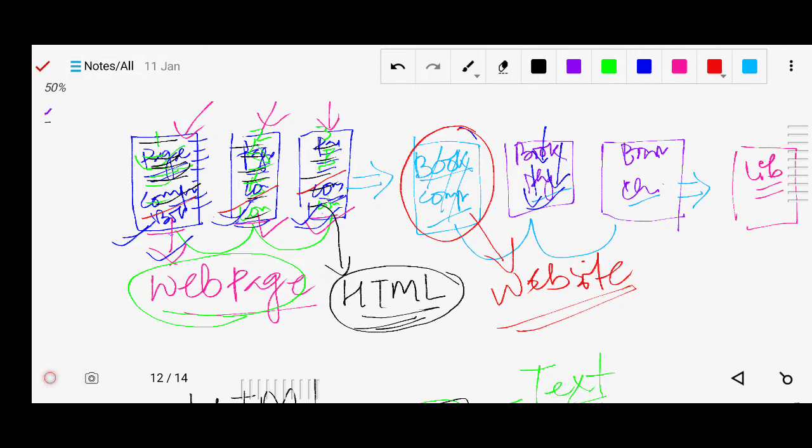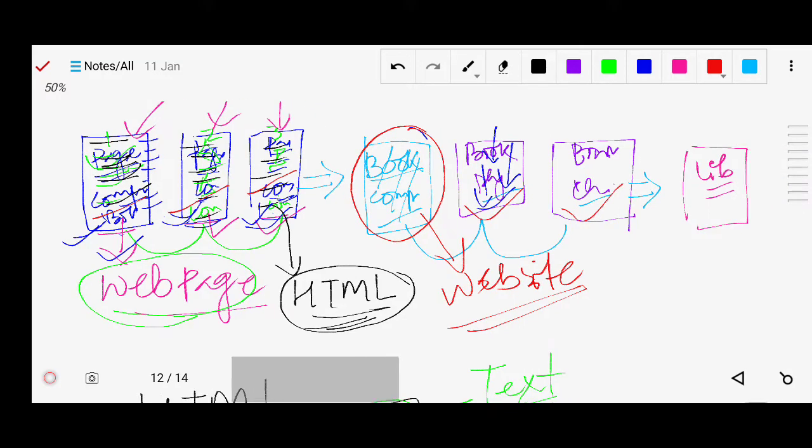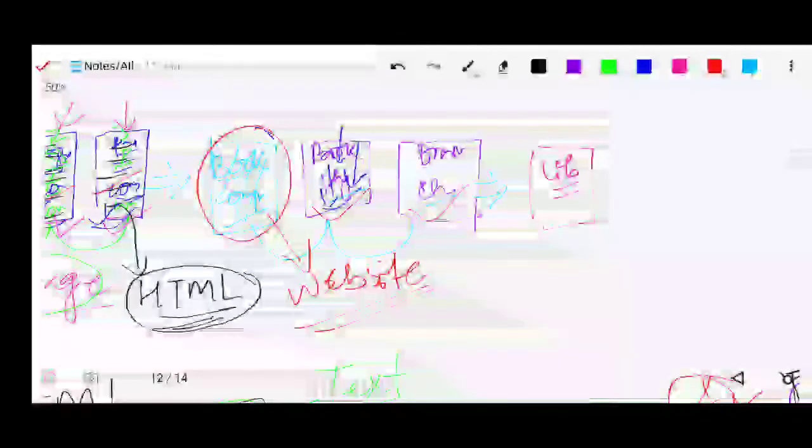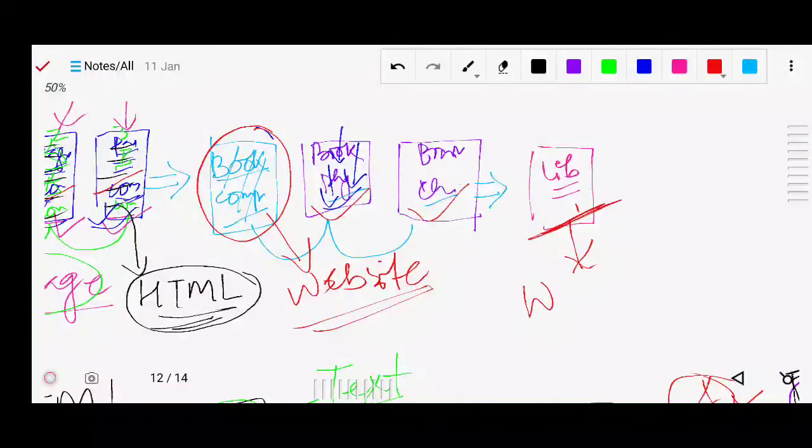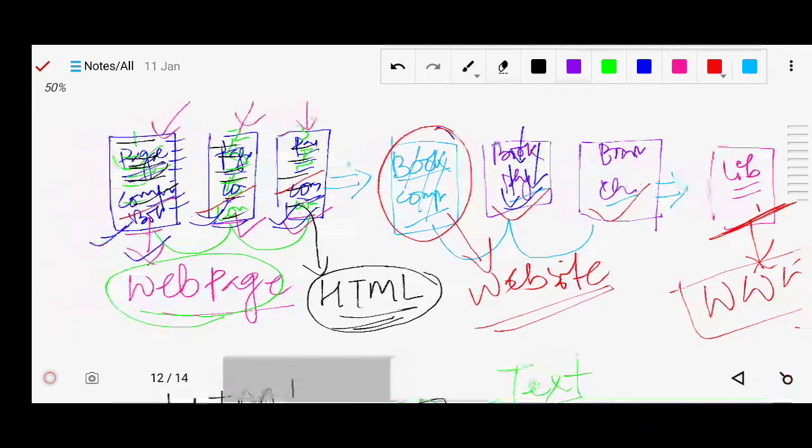There can be different websites, like different books. Whenever so many websites are kept together in one place, this is called the WWW. This is the main place where all these pages, all this information, all these websites are kept together. This is the WWW, World Wide Web. Got it? World Wide Web, website and web pages.